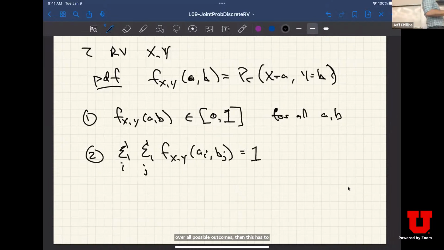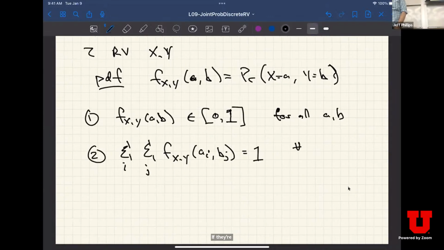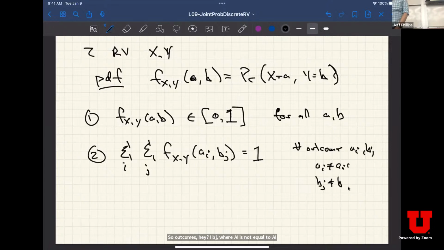So exactly. Okay, so all the possible events, the probabilities of them, are over outcomes Ai, Bj, where Ai is not equal to Ai prime and Bj not equal to Bj prime, right?